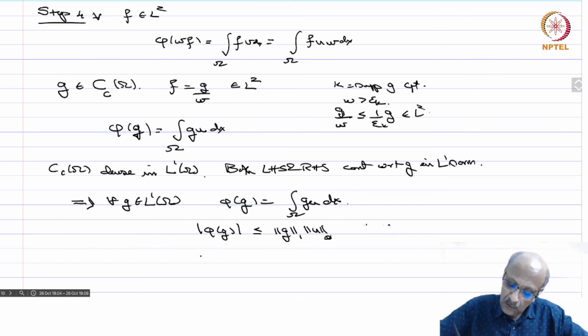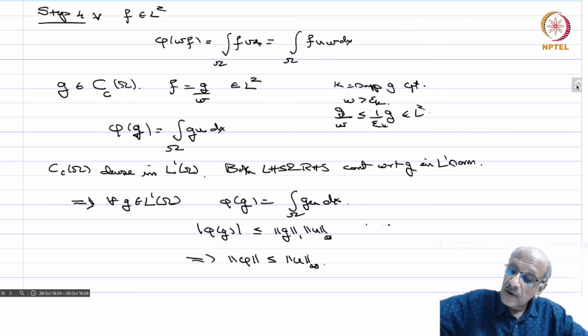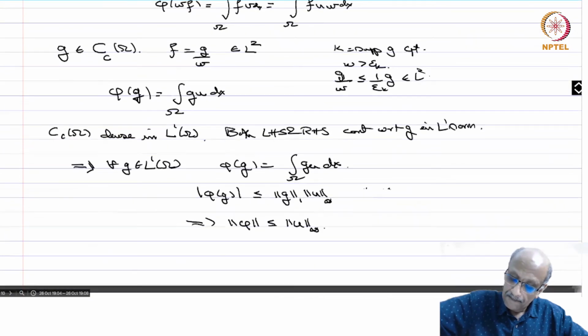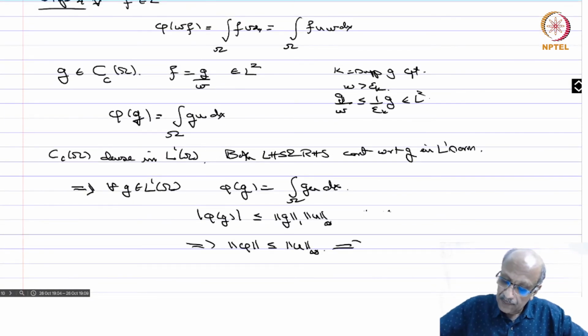Okay. So now this implies that norm phi is less than or equal to norm u infinity. And we already saw in the previous step that norm u infinity is less than or equal to norm phi, and therefore this implies that norm phi equals norm u infinity.